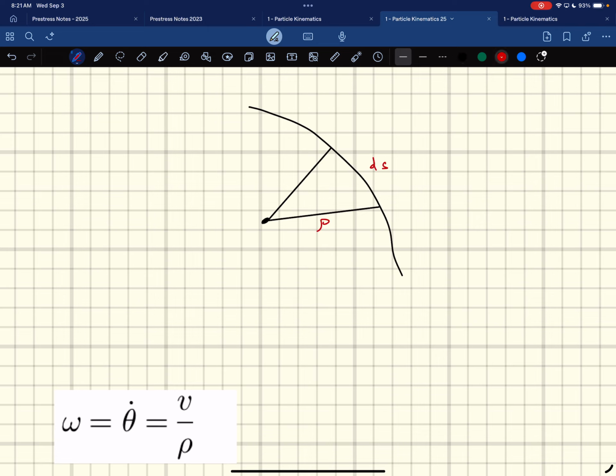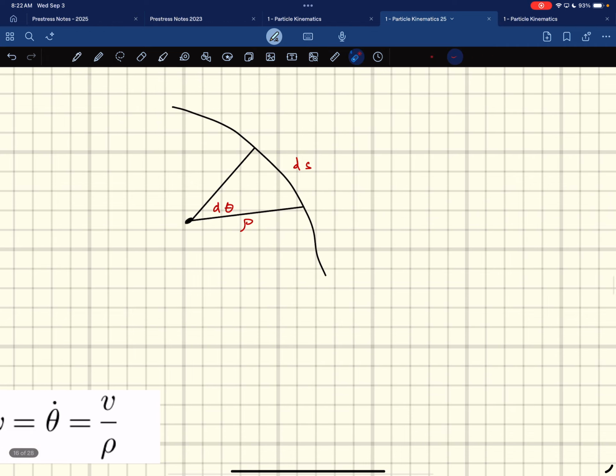This is our magnitude, or that's our radius. So this is something that's going from here to here, and we have a radius rho, and we're changing by d theta. I'm changing the angle in between them. These are all related to each other. If I wanted to calculate ds, let's say ds is equal to rho times d theta.